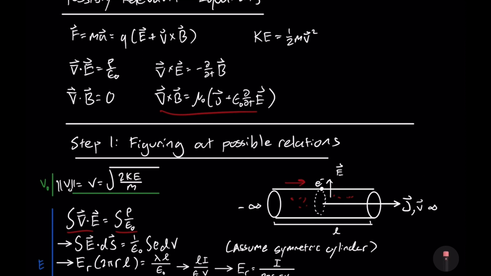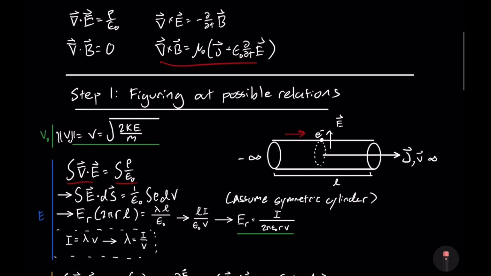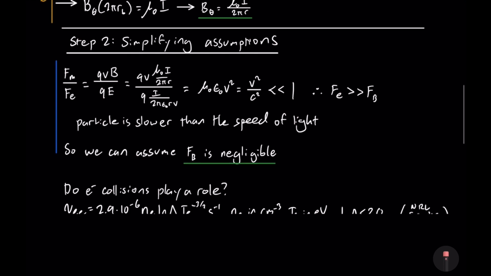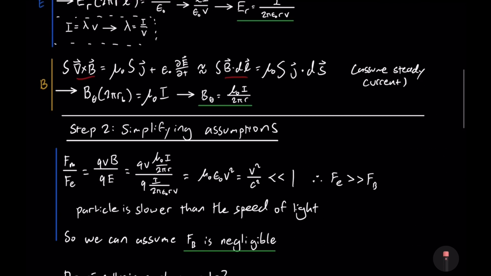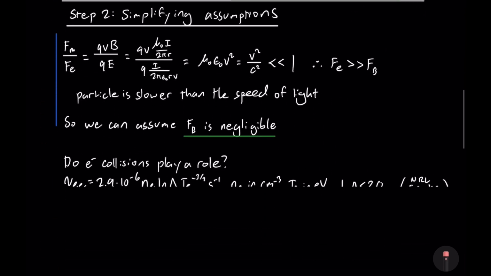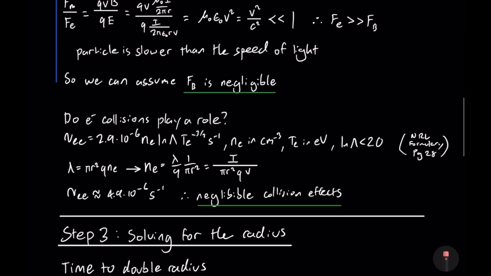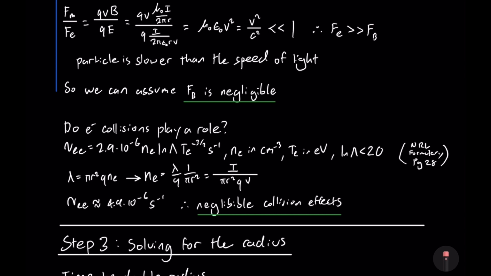Well, if you have all these small collisions, then it's going to get knocked all over the place. This might slow it down, this might make it faster, this might have unintended effects. So we want to see if these collisions actually play a role in this calculation.